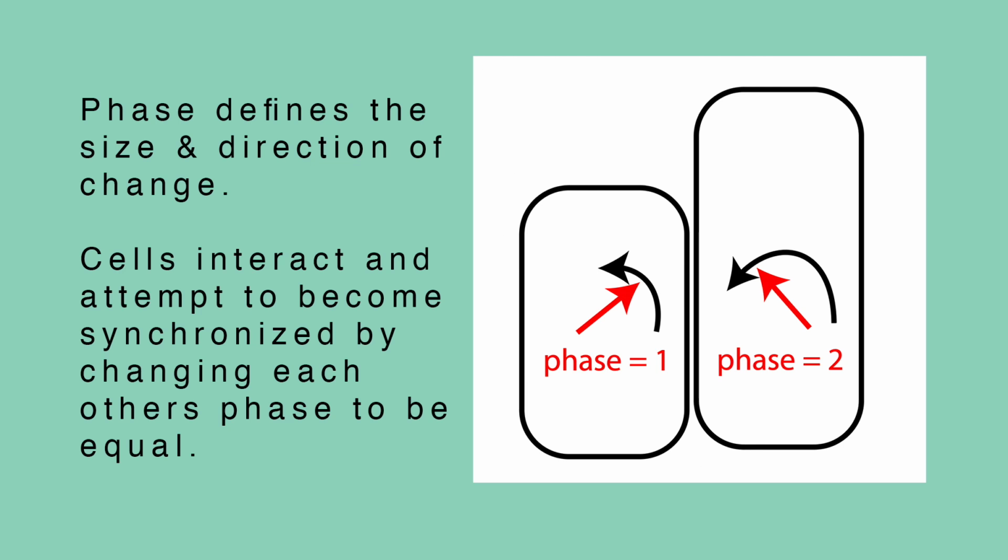The phase is the angle between the tip of that black arrow and the horizontal. In this diagram, it's the angle of the red arrow to the horizon. The phase tells us both the size of the cell and whether it is growing or shrinking.